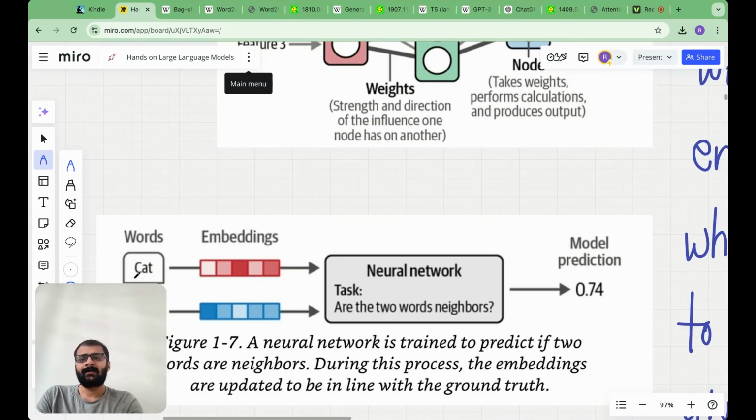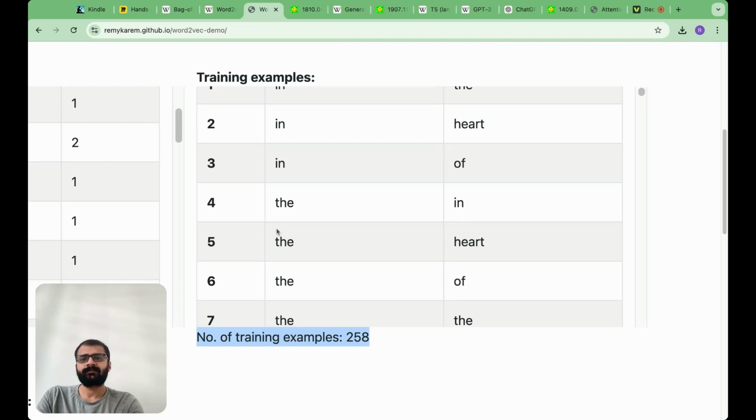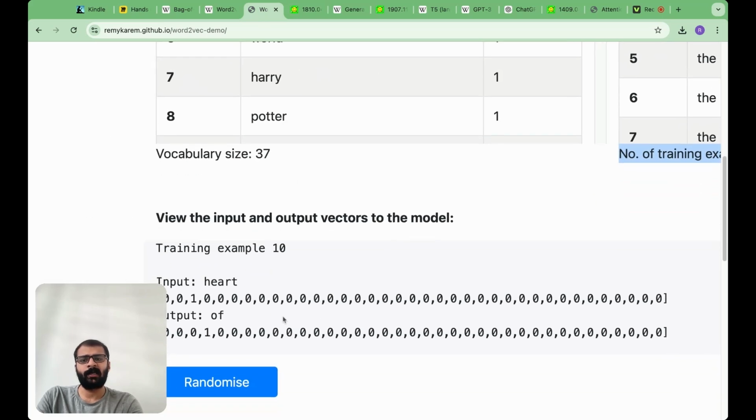So words are converted into input and target pairs, and then a neural network is trained. So for example, here is an input and target pair. So input is heart and the output is of, because of is close to heart, right? So this is the input and output, and we want to train a neural network so that when heart is the input, the words close to heart are the output.